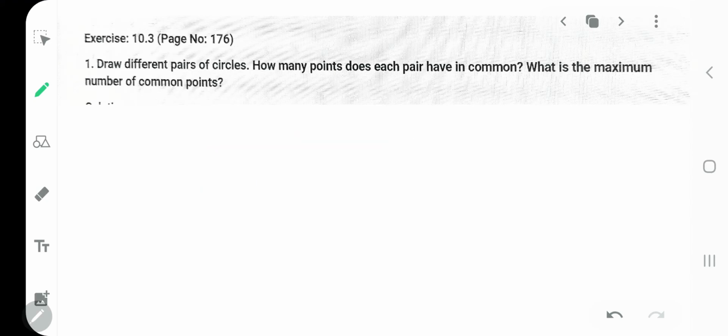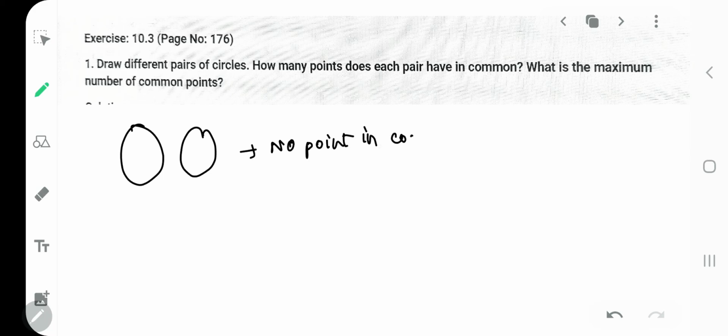Next we have draw different pair of circles. How many points does each pair have in common? What is the maximum number of common points? Now sometimes your circles are far apart, so you will write no point in common. Sometimes they can be touching each other externally, so there is one point in common.